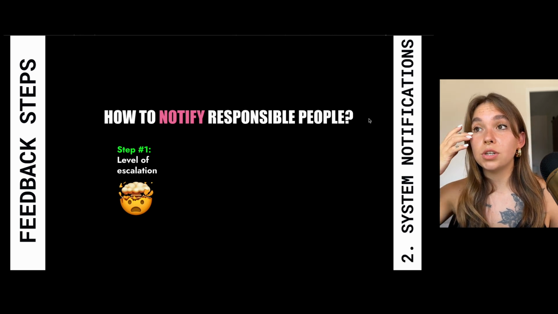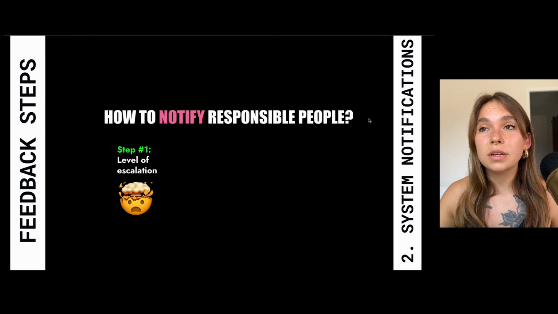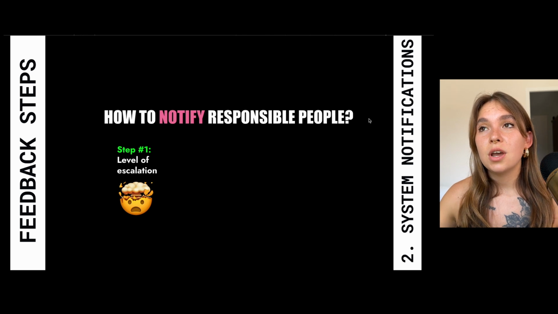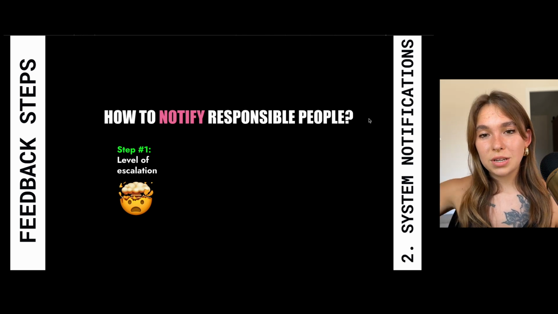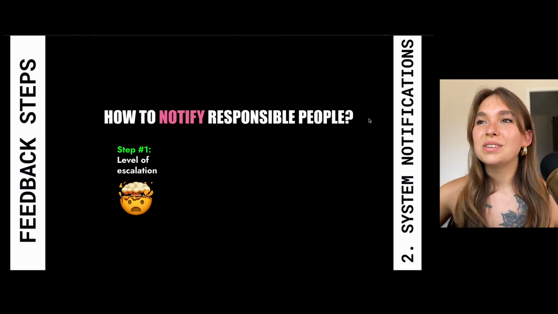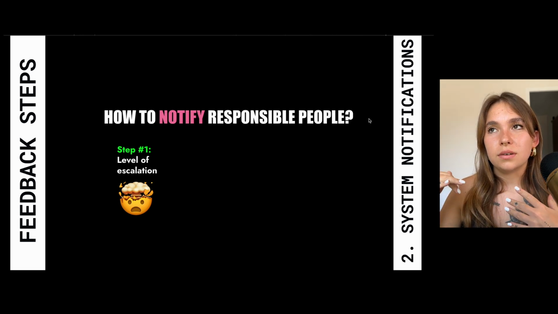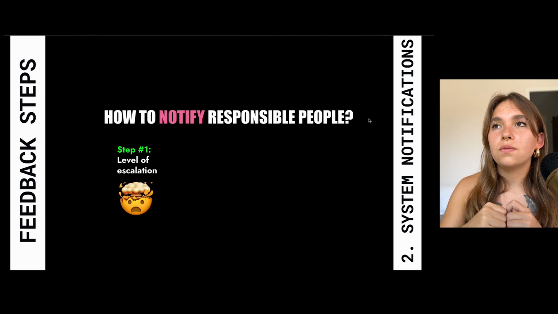But if it's really huge, you say, okay, we have to call, I don't know, our engineering manager. You can use even tools like Opsgenie, which will really call a person anytime. So that is the highest level of escalation.